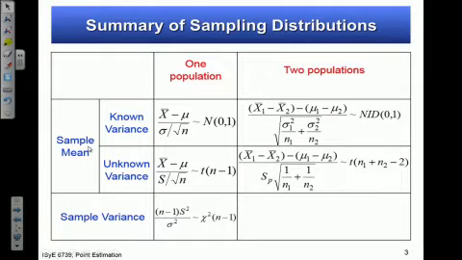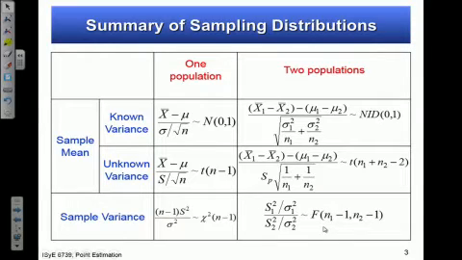What is the main assumption here? Remember? Variances are equal. They are unknown, but they are equal. And finally, the ratio of the sample variances follows F distribution with n1 minus 1 and n2 minus 1 degrees of freedom. Okay? That's basically a summary of all sampling distributions.